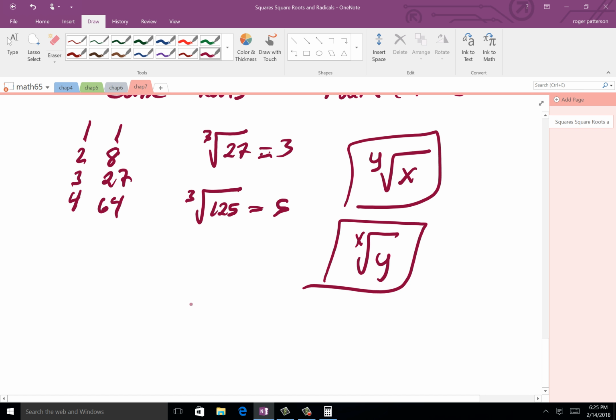So mine, I had to push a button to get it there, and then 125, push the button, and then I had to push a 3 so it would tell it was a cube root. So if you're not sure how the sequence goes, ask me and we can probably figure it out. So that would be your button for that. I think that's the only button I can think of, it's going to be something along those lines.